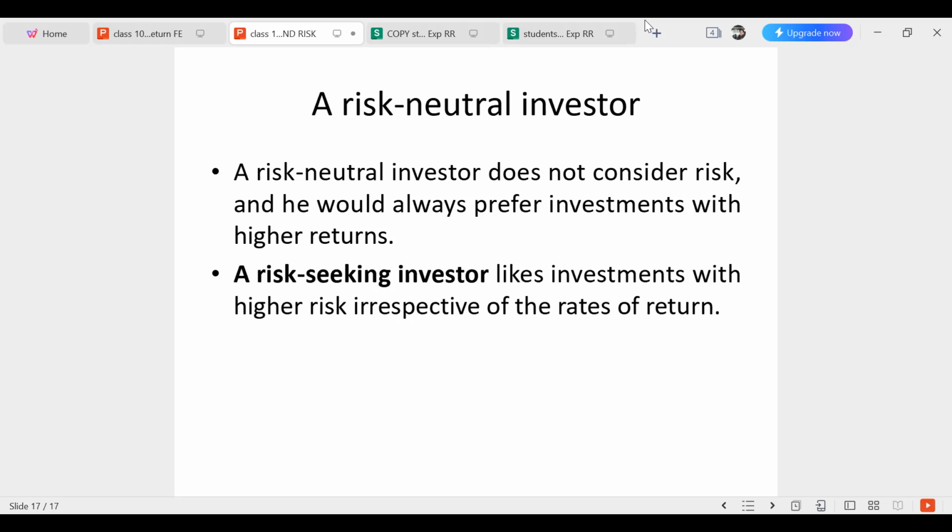So if you assume the market in fact prospers, in that case, your return will be much more and will compensate for whatever risk and losses you have incurred. Okay, so these are three types of investors. Everyone doesn't go for low risk or everyone doesn't go for high risk. It depends upon what type of investor you are.